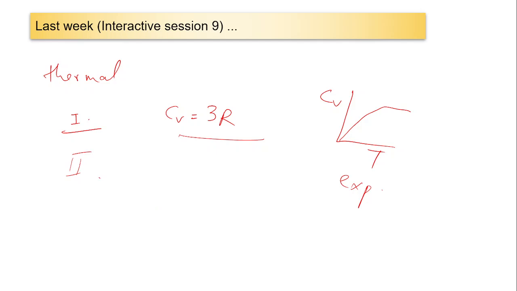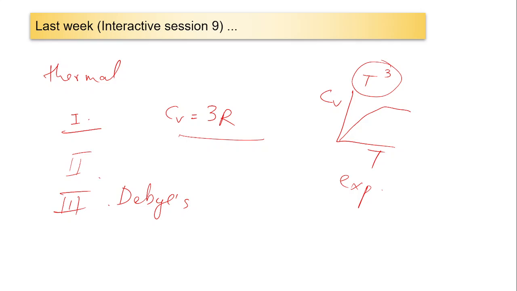But the T cube behavior, which is actually specific heat capacity at low temperature being proportional to T cube, was not even obtained from Einstein's theory. Then the third model or third theory came by Debye, whose derivation or calculation could give a T cube expression. So these things we had discussed.